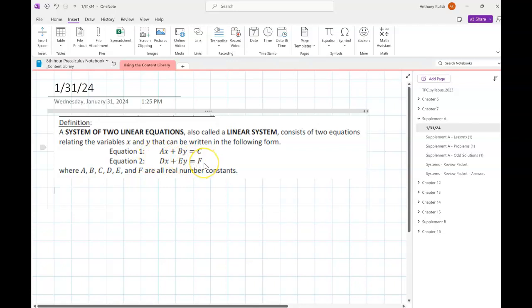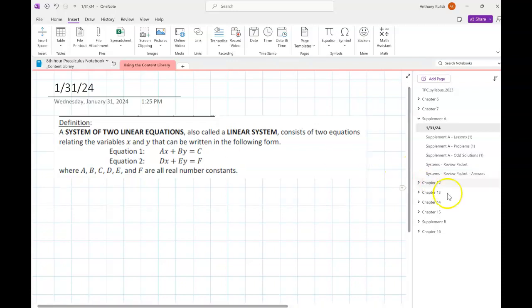Equation 2 represents a separate line. Every xy that satisfies equation 2 is just a point on that line. So the solution to that system is an xy that appears on line 1 and on line 2. So we're looking for the intersection of the two lines.